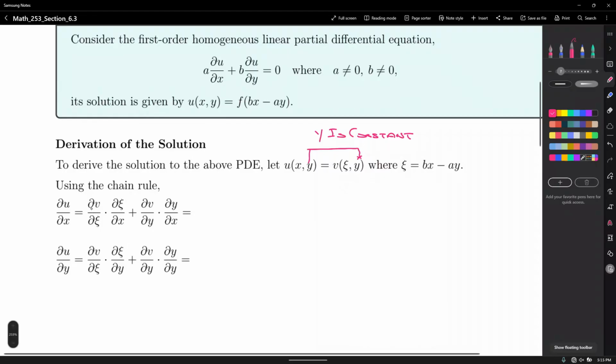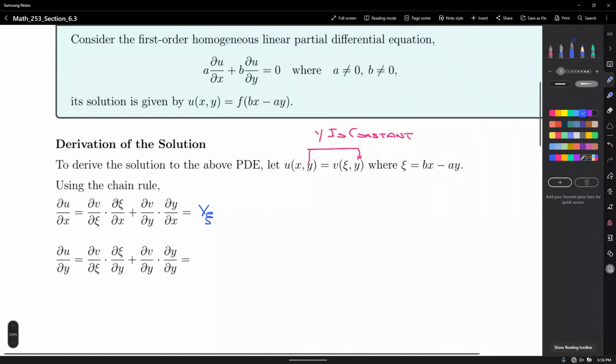Here the partial derivative of v, which we don't know what it is, that's simply v with a subscript z.